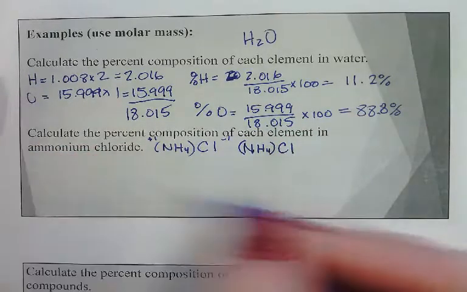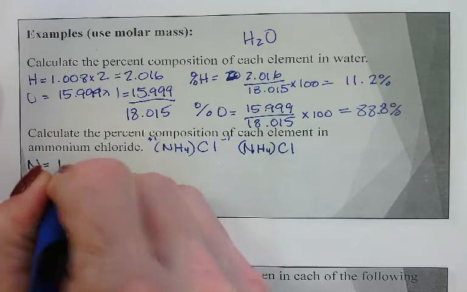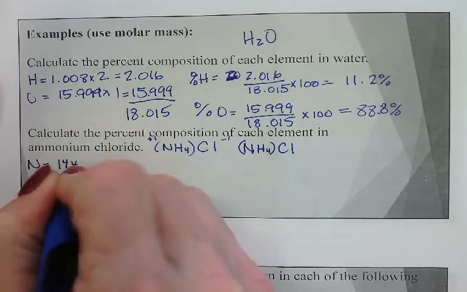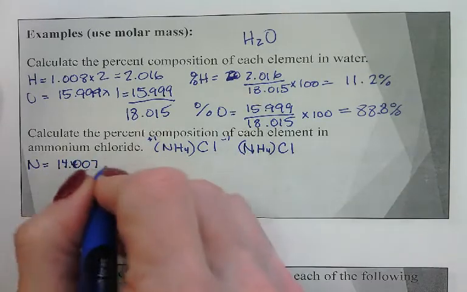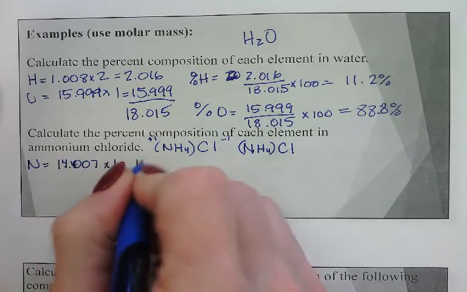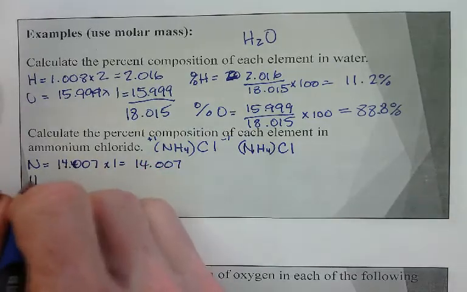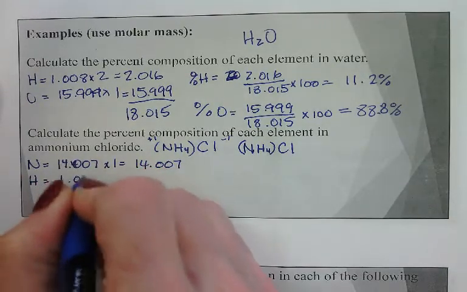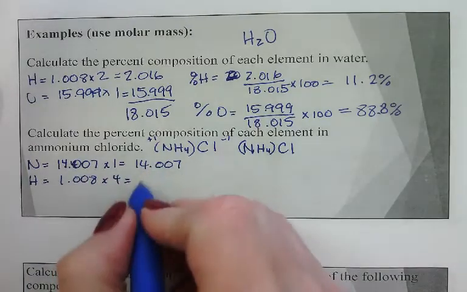So we need to find the mass of that whole thing first. Nitrogen's mass is 14.007, and there's only one. There are 4 hydrogens though. Hydrogen's 1.008 times 4 is 4.032.